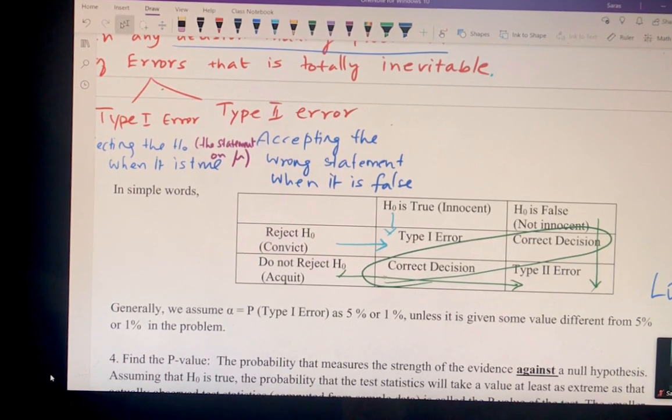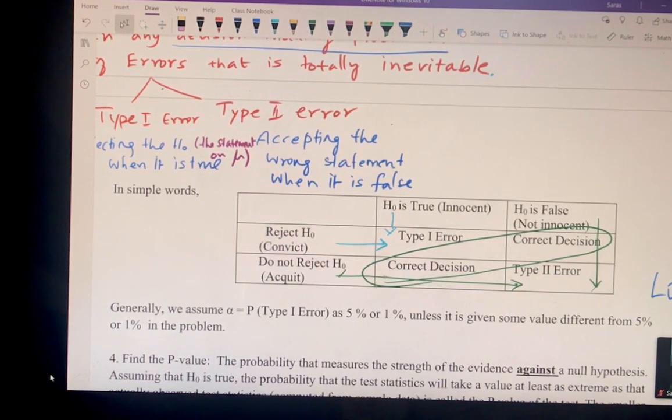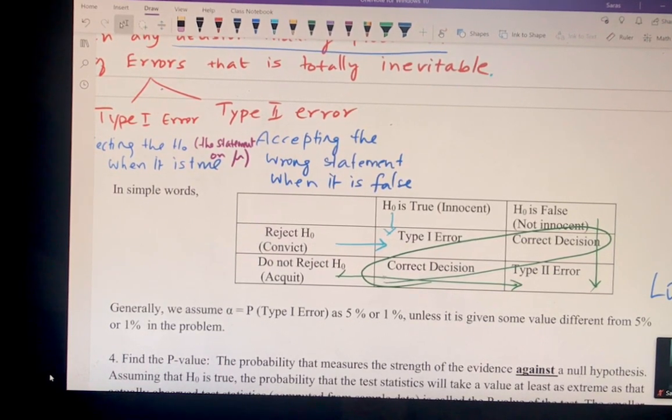Nothing wrong. Innocent guy, he's acquitted. That's correct. And not innocent, and he is convicted, that is also a correct decision. So no question about that. He did something wrong, he is behind bars. That's correct. He did not do anything wrong, he is out at large. So those two are the correct scenarios.